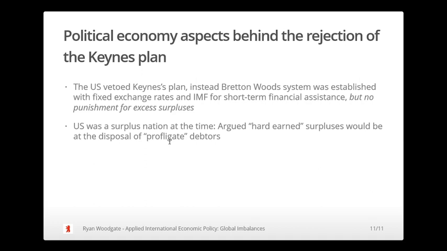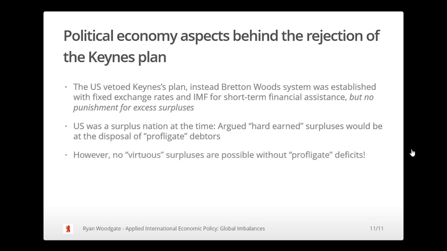So this sort of plan is infused with moral elements of, well, the debtors, those who are running deficits, do so because they are reckless with their finances. And therefore, it's only right that surplus countries that are so virtuous should be rewarded, and debtor countries should be, in some sense, punished.